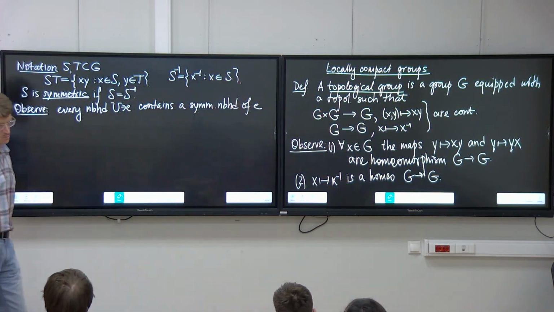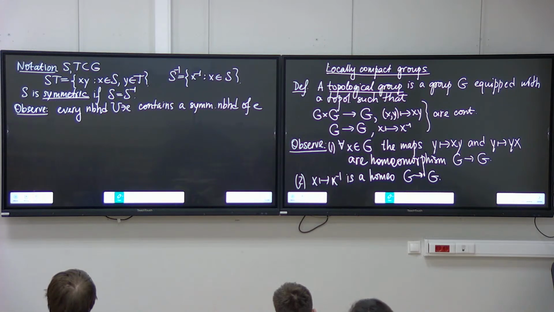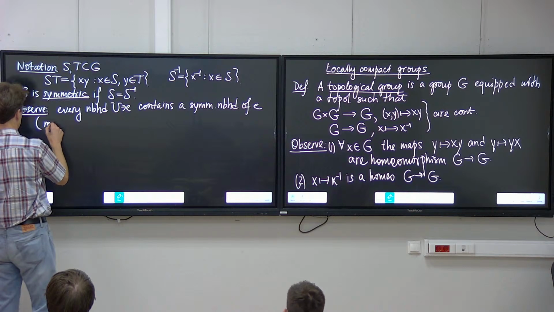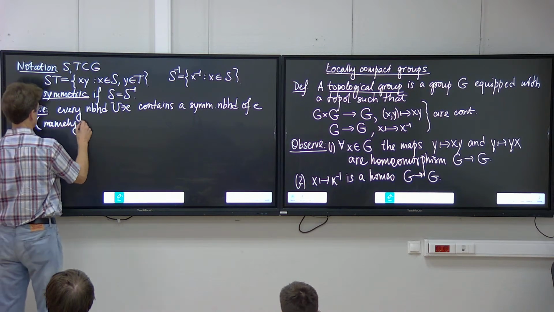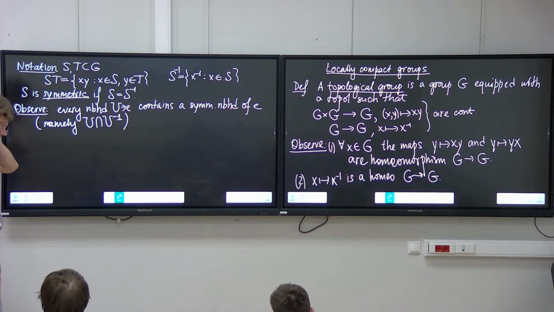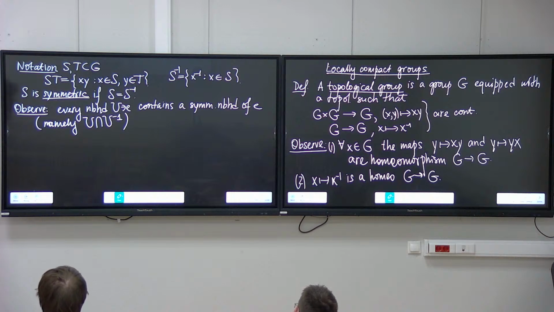Well, indeed, why is it so? We can simply take the intersection of U and U inverse. So U inverse is also a neighborhood of the identity, and the intersection is clearly symmetric. This is obvious, but this is very, very useful. In particular, this implies that we have a base of symmetric neighborhoods of the identity.